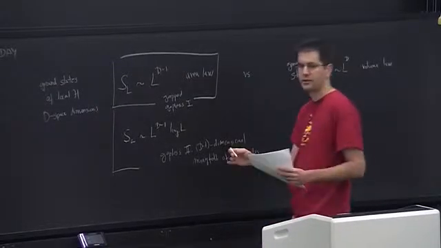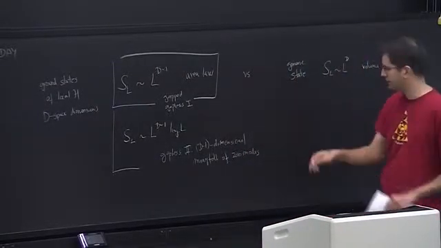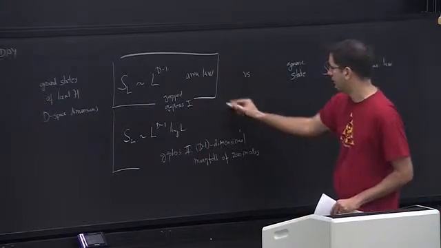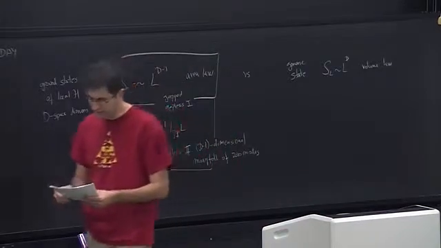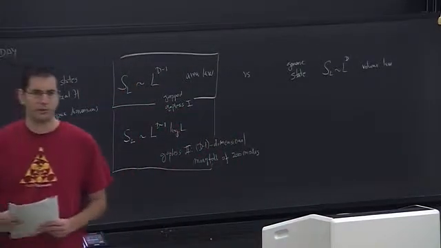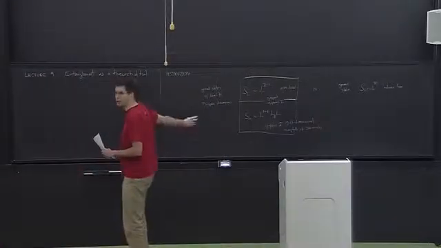The dispersion relation vanishes on a d minus 1 dimensional manifold. Okay, so we saw that yesterday, and then we started playing with toy models that were aiming at reproducing this type of behavior.